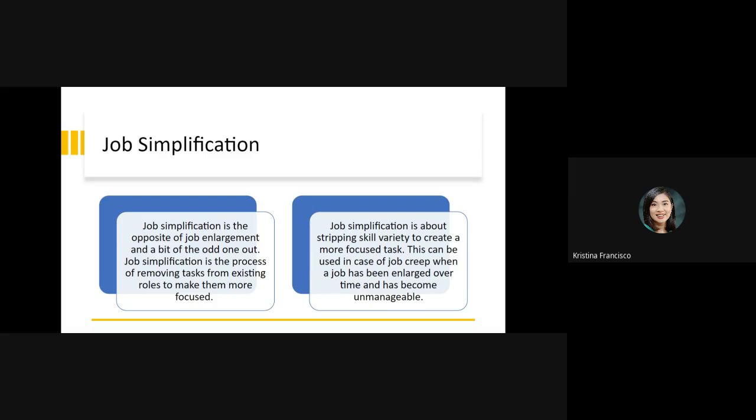So if an individual is overwhelmed by a job, work simplification allows the person to understand the job better and the job therefore becomes more motivational. So in the job simplification process, we assist workers with the task identity factor and potential with the task significance factor as well.